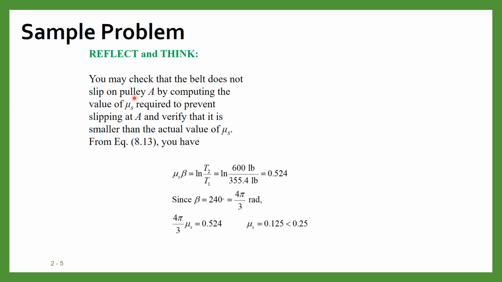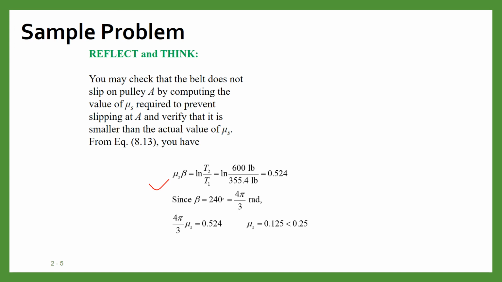Now from the solution we can check that the belt does not slip on pulley A. We can also check it by computing the value of mu s required to prevent slipping at A, and then verifying it with the given value of mu s. Applying this equation for the second pulley, the ratio comes out to be 0.524, equal to mu s beta.